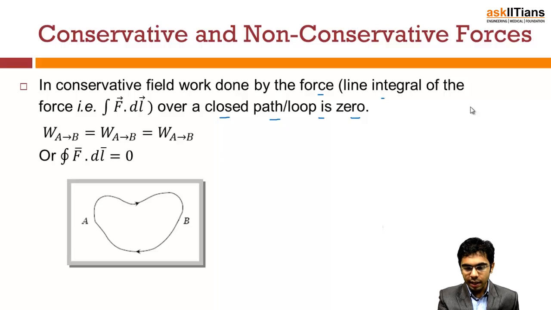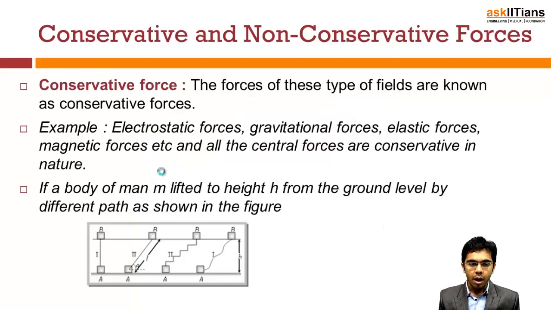So this is what it is showing, that the line integral of work done will be 0 when the body goes from A to B and comes back from B to A along this path. If we add the work going along path 1 and coming back along path 2, the work done comes out to be 0. This type of force we call a conservative force.